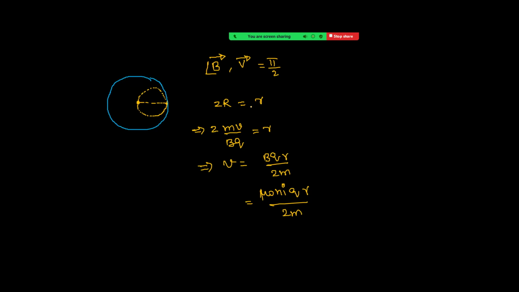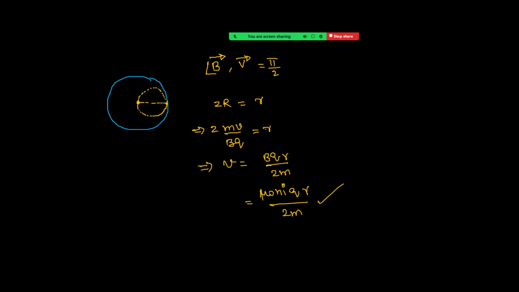Equal to means it is the limiting value, it is just touching, that's why we have taken equal to. So finally, the answer we got is mu naught QNIr by 2m, right?